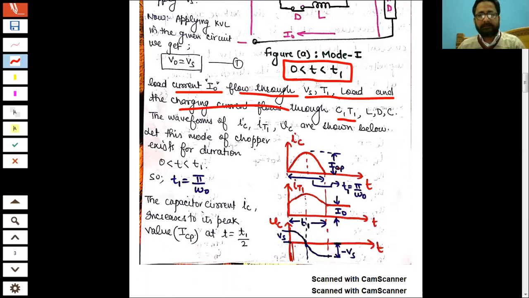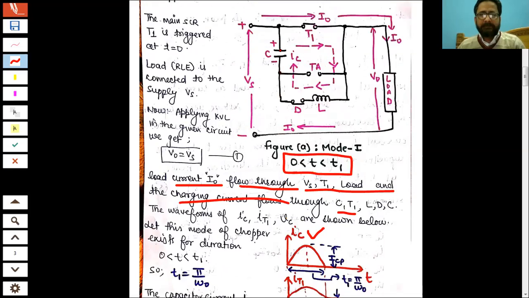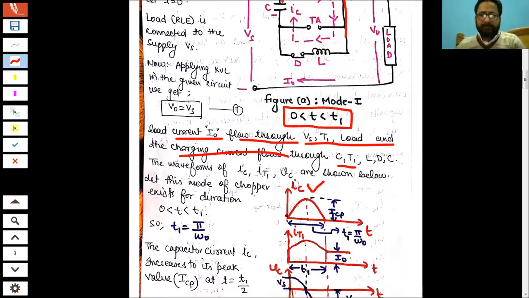The waveforms are shown here. Capacitor current IC. The capacitor will start discharging. So the capacitor current will increase to a peak value which is equal to ICP.